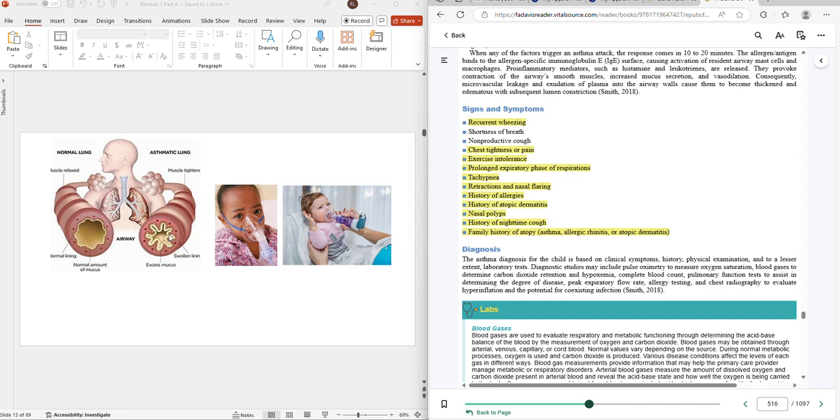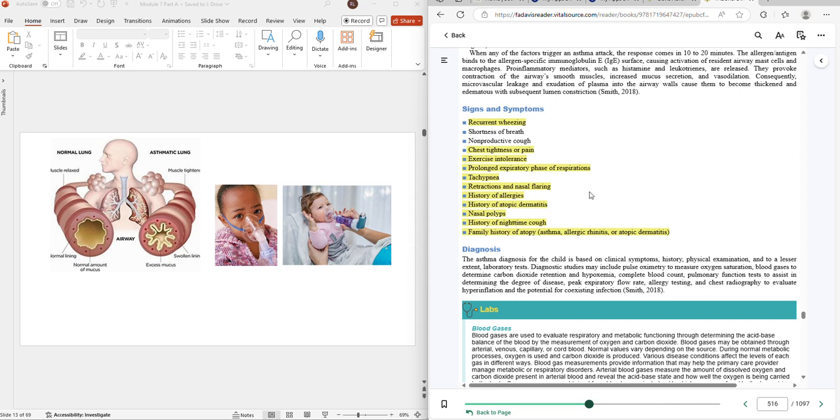This is an asthmatic lung airway, and this is a normal one. You see how the tissue is swollen. A lot of kids have exercise-induced asthma, so only when they're running outside do they have trouble breathing. So make sure that they keep their inhaler with them, okay?